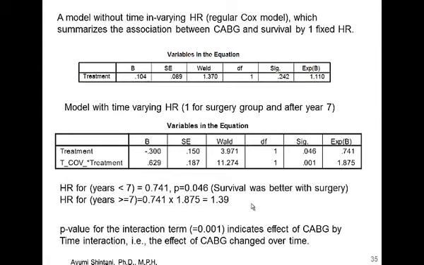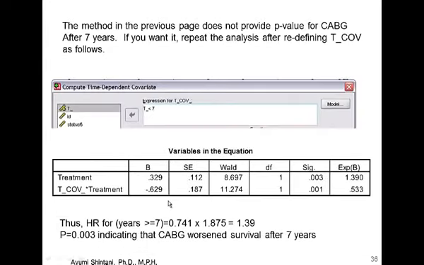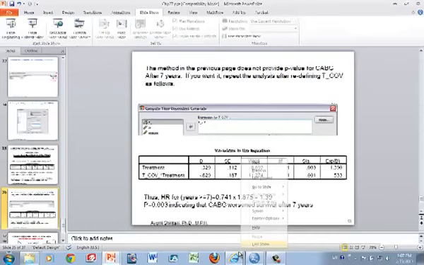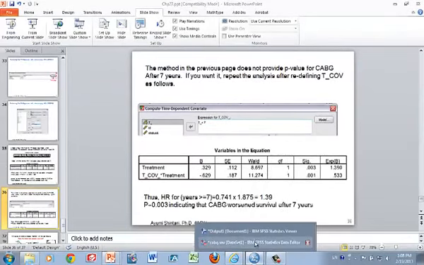If you want to compute the p-value for the hazard ratio after 7 years, my suggestion is to go back and redo this analysis, and set T underscore, instead of greater than 7, to less than 7. Then repeat this analysis. Let me do it again in SPSS.